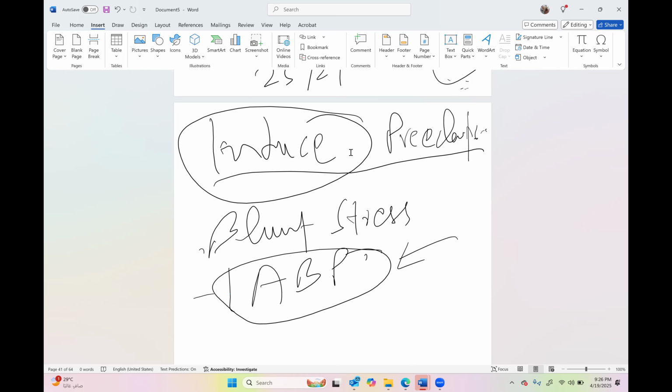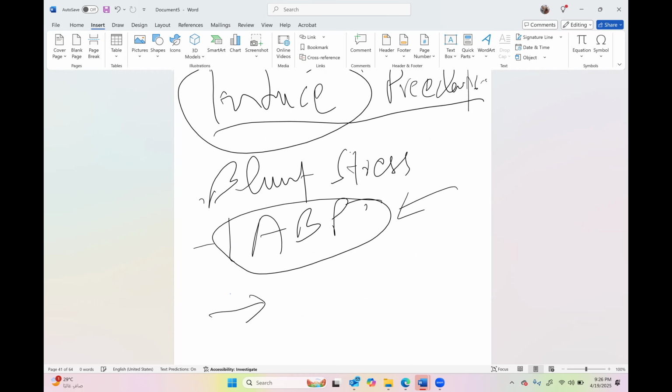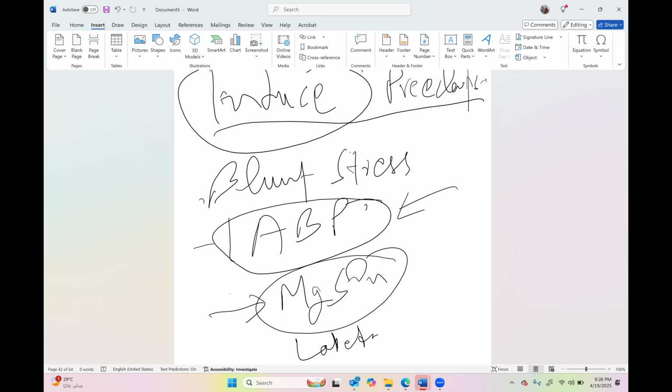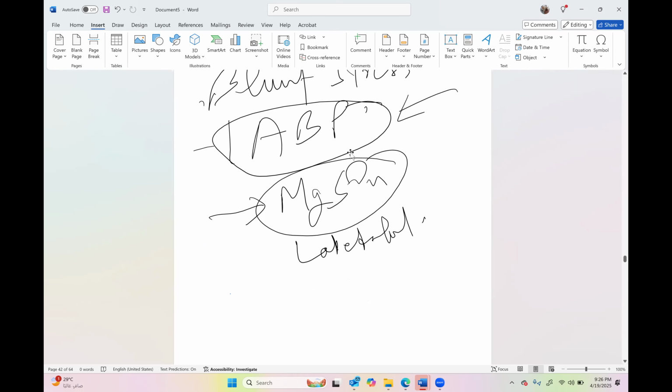Before proceeding, if their blood pressure is high, you can load with magnesium sulfate. You can give some labetalol so that you are able to have better control of blood pressure. And the rest of the thing is the same: propofol, rapid sequence induction or modified rapid sequence, aspiration prophylaxis.